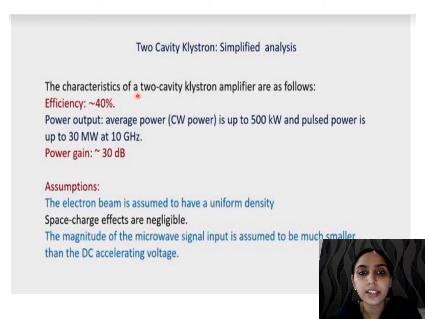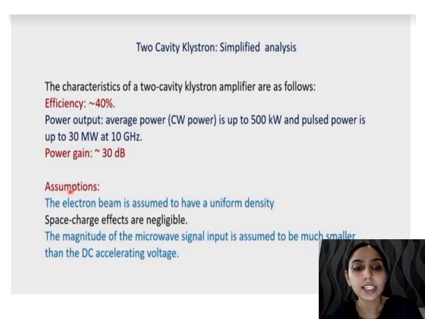Before going to the analysis of the two-cavity klystron, we will state some of the characteristics and the assumptions taken for the analysis. Some of the characteristics of the two-cavity klystron are given, regarding efficiency, power output, and power gain. You can go through all this. Then some assumptions are taken for the analysis of the klystron amplifier. First, the electron beam coming from the heated cathode is assumed to have a uniform density in the beginning.